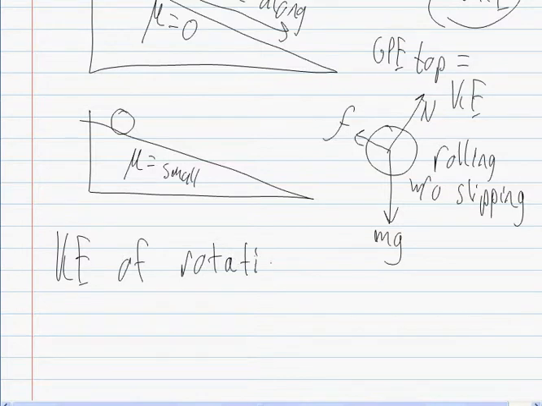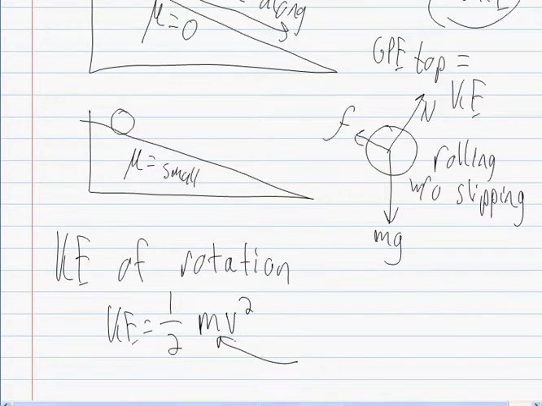So the kinetic energy of rotation is what we're talking about. And we said before that for translational, for linear motion, that kinetic energy equals 1/2 mv squared. Well, we're going to say the same thing, except our analog to mass, for rotation, is the moment of inertia.